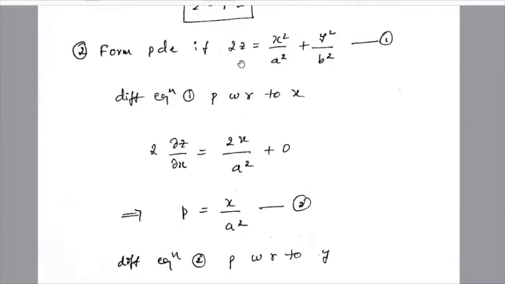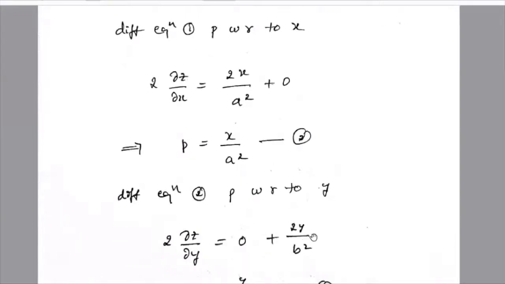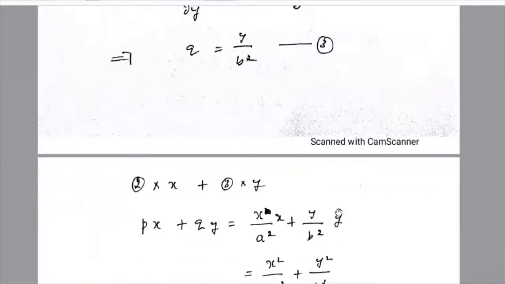So now we will differentiate the same equation 1 with respect to y. That is 2 into dou z by dou y. The x square by a square derivative will be 0, plus the y square derivative is 2y by b square. Now 2 gets cancelled. Dou z by dou y is y by b square. Now by using these two equations, we'll eliminate the constants.